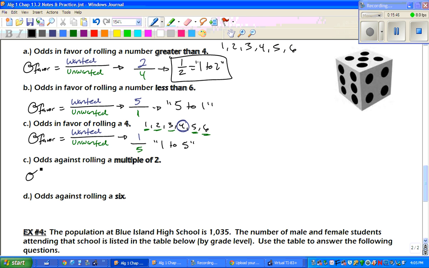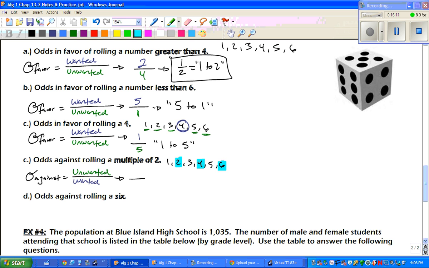Okay, now we're talking about odds against, and that's where we want the unwanted on the top and the wanted on the bottom. So a multiple of 2.